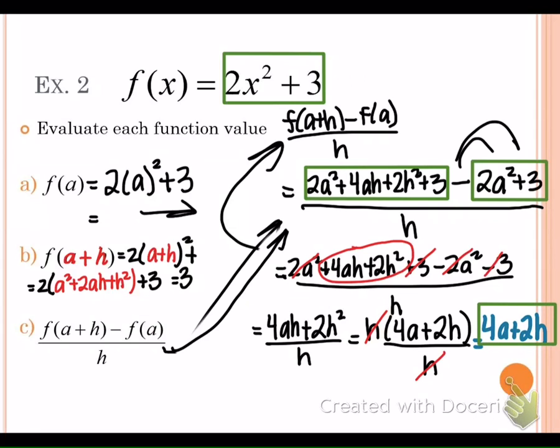Yes? Where it says 2a, is that a squared or a cubed? Where it says a plus 2ah plus h squared, is that squared? Where did the h come from on top of the 4a?